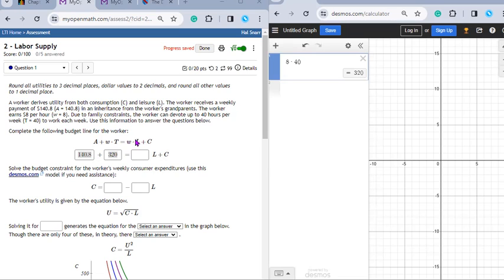So I can add dollars to dollars. The price of my leisure is W, and then you can think of the price of consumer goods as one, times the quantities. You can think of this as the relative wage, relative to the price of goods and services. So the price of leisure is W, and the price of consumption is one.